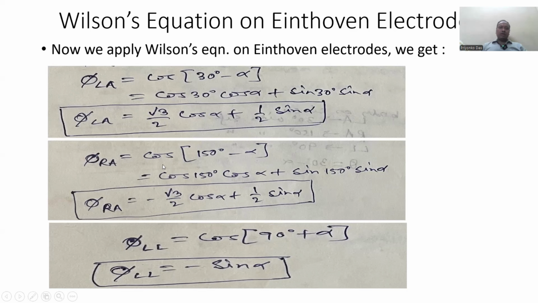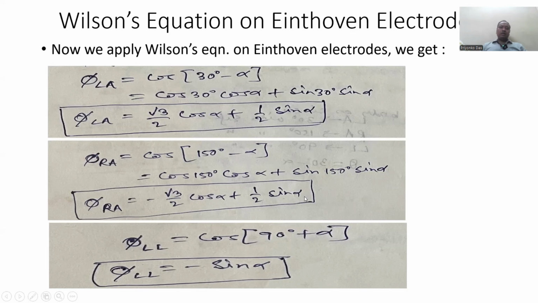Now I'll simplify this expression: cos 150 cos alpha plus sin 150 sin alpha, which after substituting the values of cos 150 and sin 150 degrees, I rewrite as minus root 3 by 2 cos alpha plus half of sin alpha.